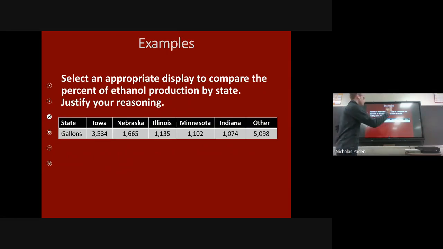So anytime we deal with percents, a circle graph is usually the best one. A bar graph probably wouldn't make much sense for this because it's not going to show percents. It would show the amount, but not the percent. So a circle graph because we are comparing percents.